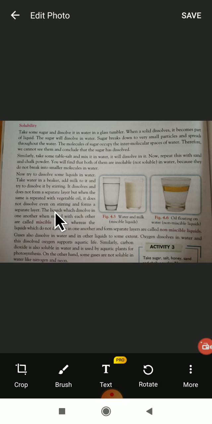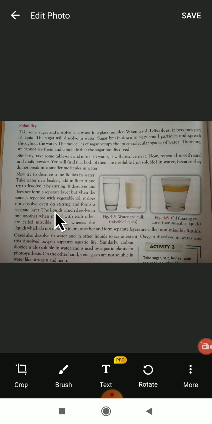The sand also will settle at the bottom, because it is insoluble. Salt and sugar have completely dissolved in water, so we call them soluble. As sand and chalk powder do not dissolve, we call them insoluble.